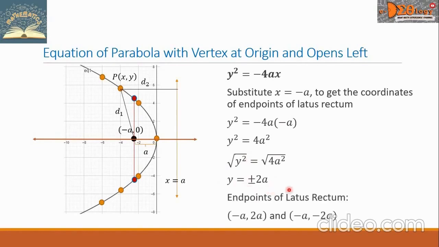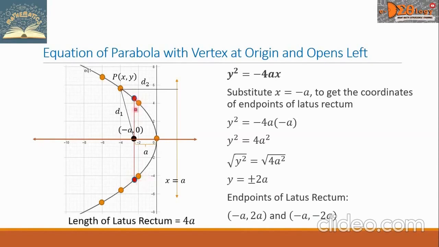So the endpoints of latus rectum are the points negative a, 2a, and negative a, negative 2a. This point here is the negative a, 2a, and this point here is the negative a, negative 2a.